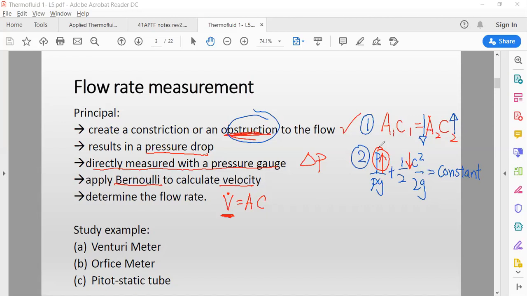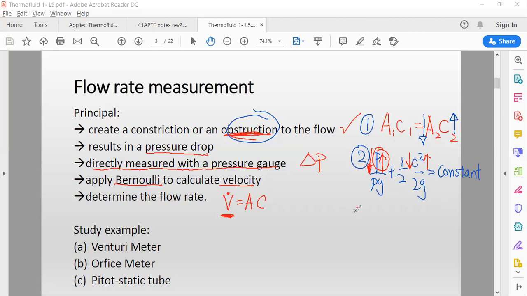Same thing, if the velocity increases, the pressure will drop. So either way is okay. There should be an inversely proportional relationship. If the velocity drops, pressure will increase. If the velocity increases, pressure will drop.